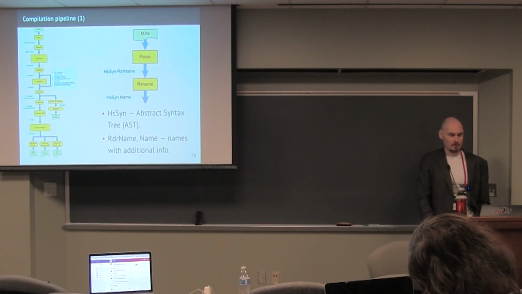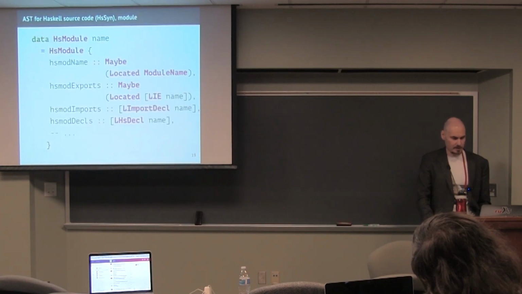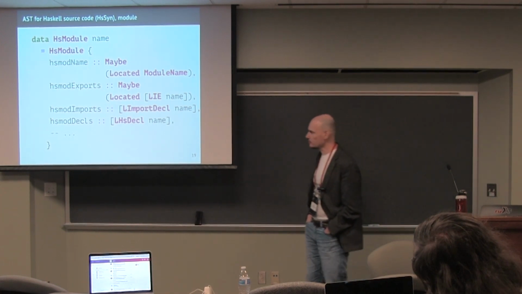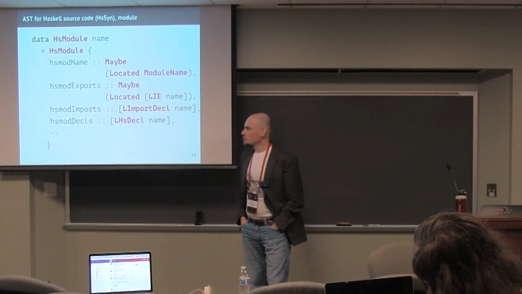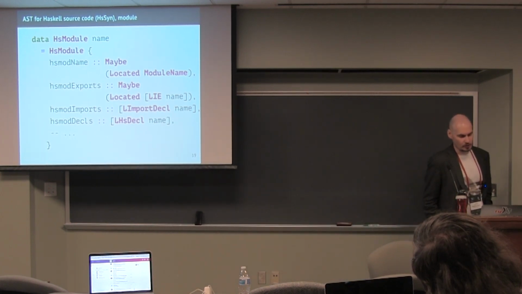Okay. All right. So these are the first two stages, and let's see something about this HsSyn data type, this abstract syntax tree for Haskell. You know that there are many things in Haskell source code.